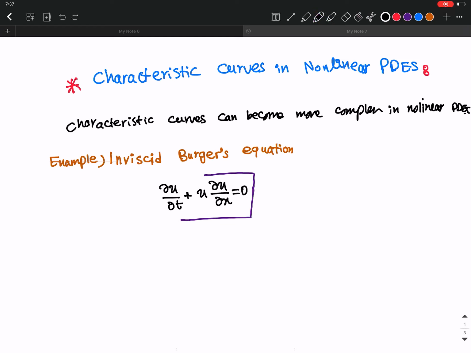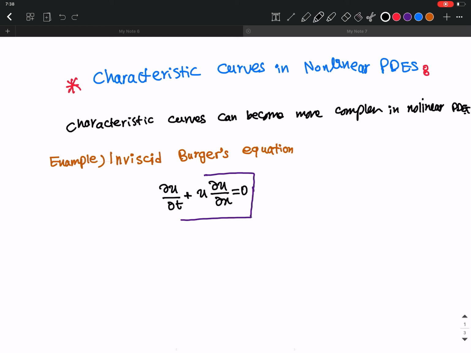So I want to mention some notes about this equation. This looks like a simple equation, but it is nonlinear, and solving this could be pretty difficult. So I want to solve this equation using characteristic curves.